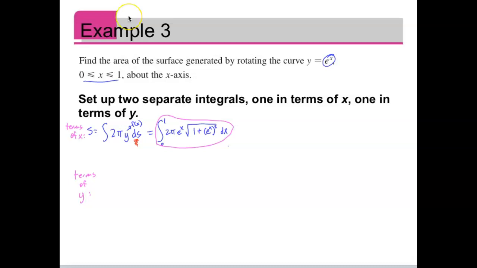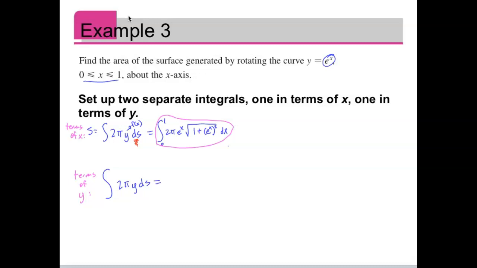So even though I want you to integrate in terms of y, we're still using the same general formula because the formula is only dependent on which axis we're rotating about. We're still rotating about the x-axis. So I'm still using the formula integral 2 pi y ds. The only difference is I'm going to be integrating with respect to y.